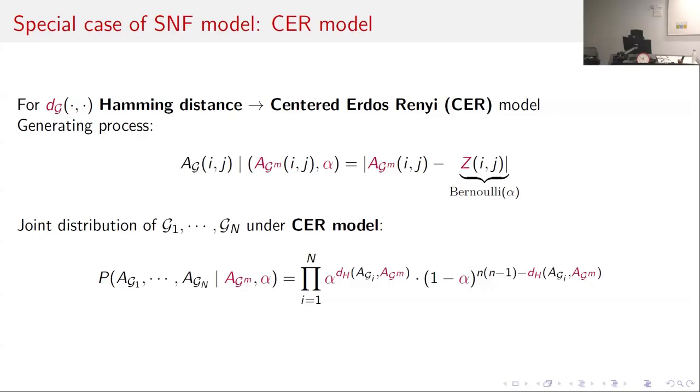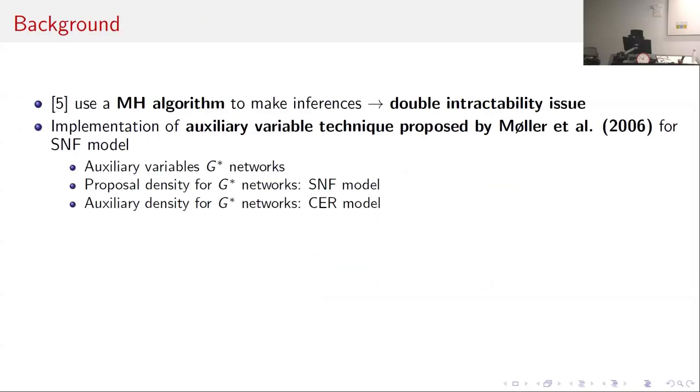You can very easily generate networks from this SER model by just perturbing the edges of the mean network with respect to Bernoulli probability alpha. So it's easy to sample from this model, and you will see why this is useful. This is a special case of the SNF model, a member of this family of models.